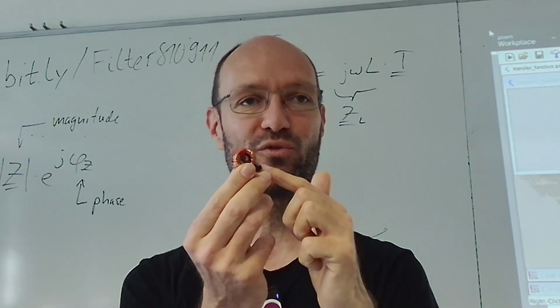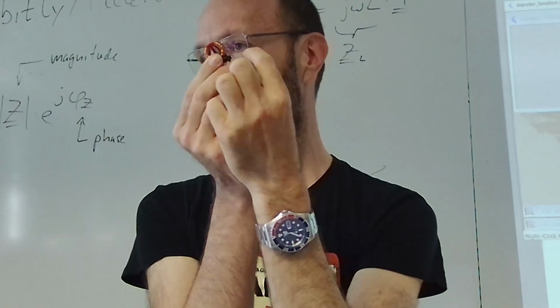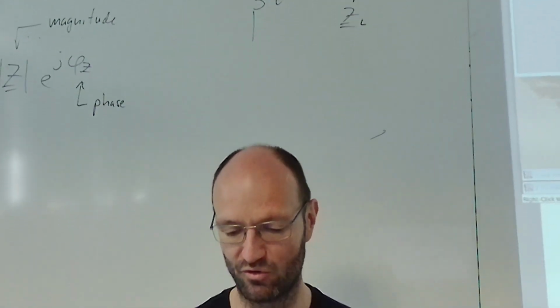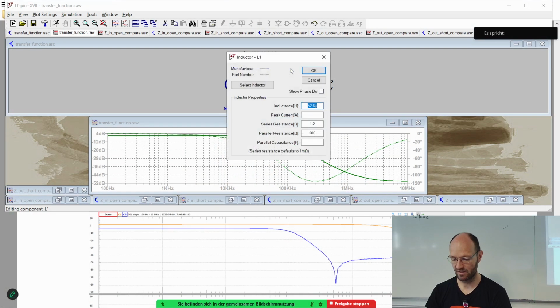It's much easier for the current to hop from one winding to the next over the small but not negligible stray capacitance between the wires. And so this is a parallel capacitance to the inductor.